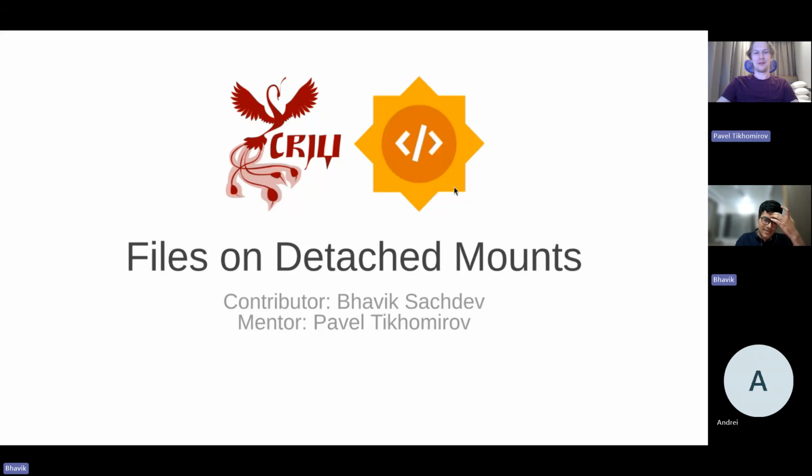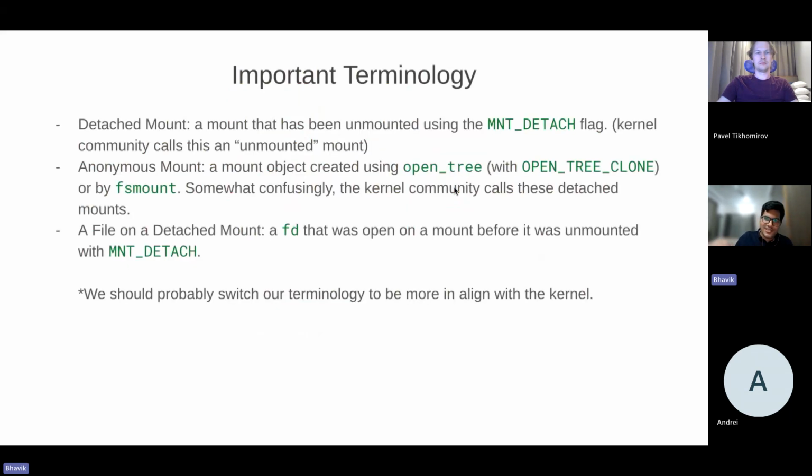Okay. So before we get into the project, a couple of terminology points that I'd like to clear up. By a detached mount, what I mean is a mount that has been unmounted using mount detach. Generally in the kernel, people call this an unmounted mount. And for an anonymous mount, we refer to a mount object that is created using OpenTree or FS mount.